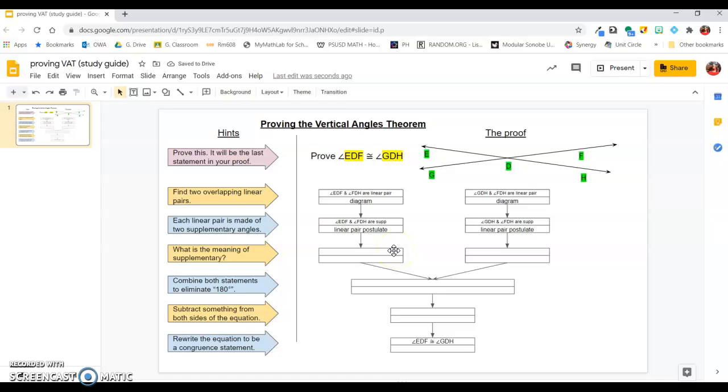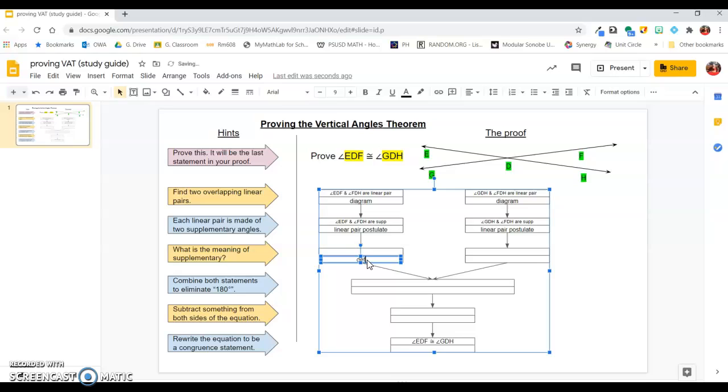What is the meaning of supplementary? Well, according to the definition of supplementary angles, which I will use twice, if I add these together, I get 180 degrees.